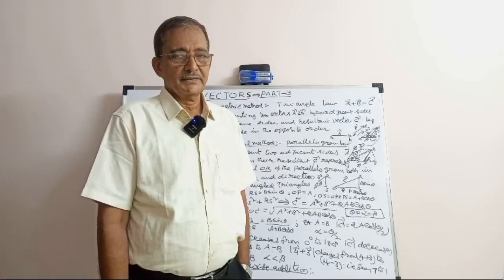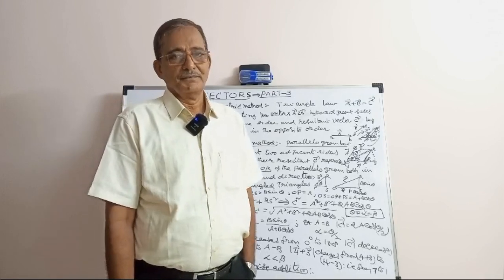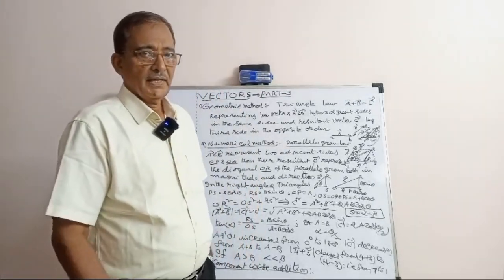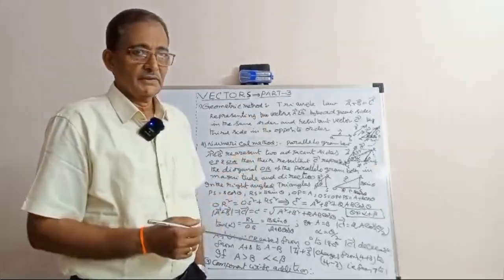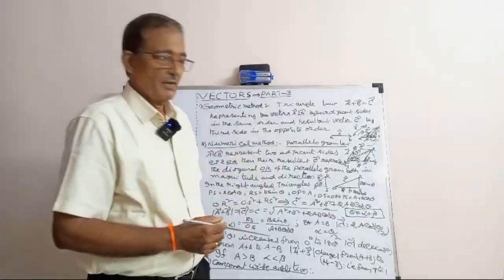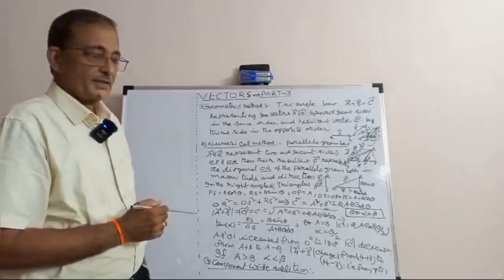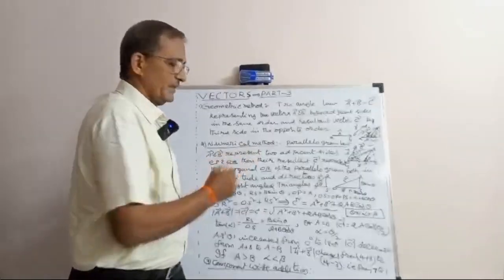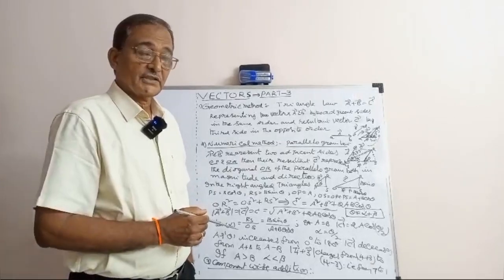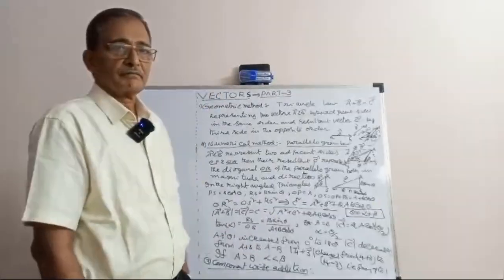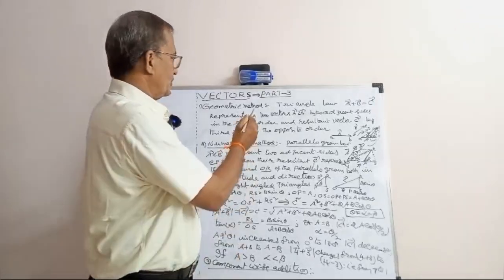So first we learn about vector addition. And for convenience sake, I am dividing this process into three methods. First method is geometric method. Second one is numerical method. And third method is component-wise addition method. So let us first discuss about the geometric method.